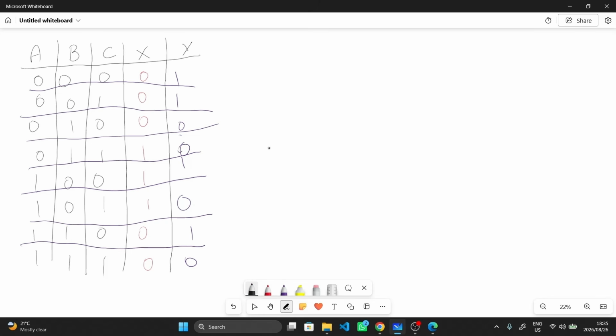So if we want a SOP for X, or not SOP, let's just say again write in full, the canonical SOP form for X. So I'll just write X, then where X is 1, I'll write those values, right? So X is 1 here.